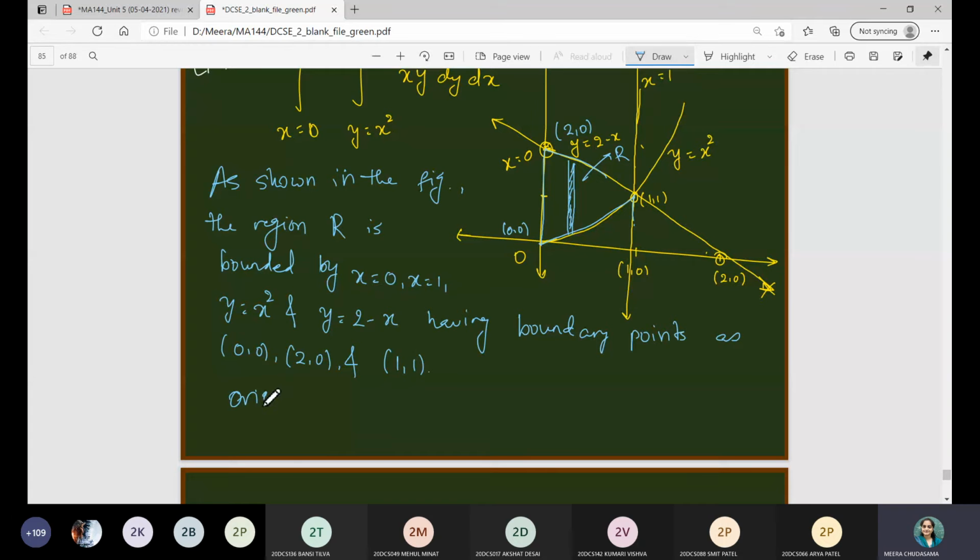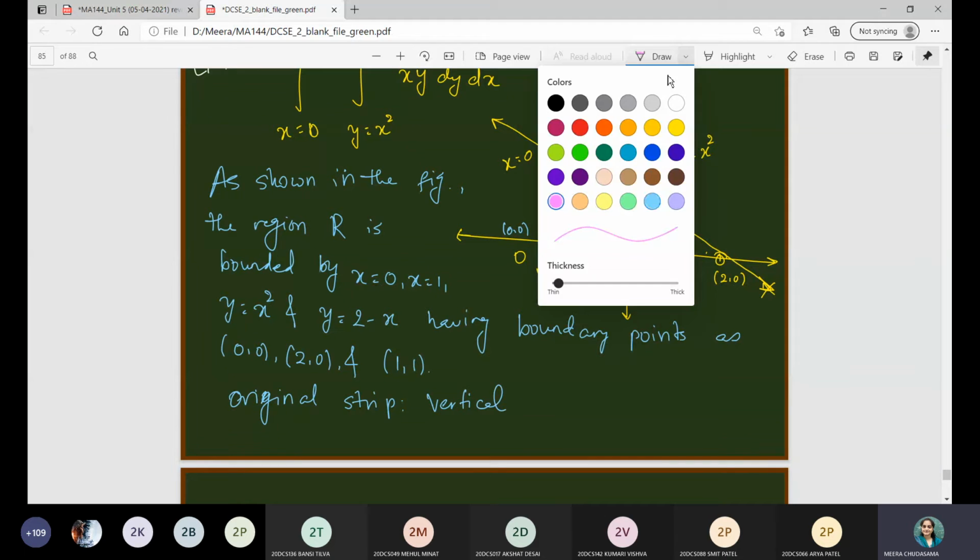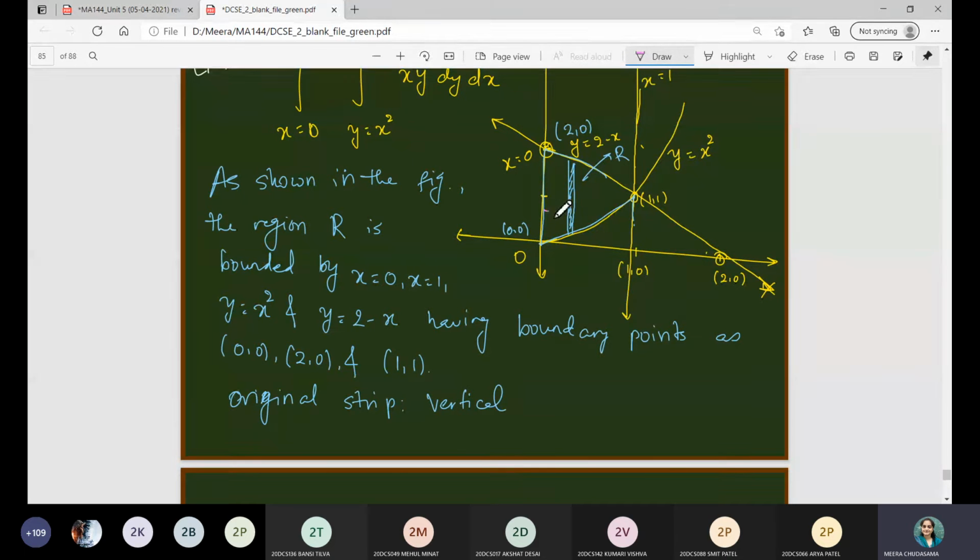I will just write this for your reference: the original strip is vertical. So by changing the order, we have to consider the strip perpendicular to it, that is this one.